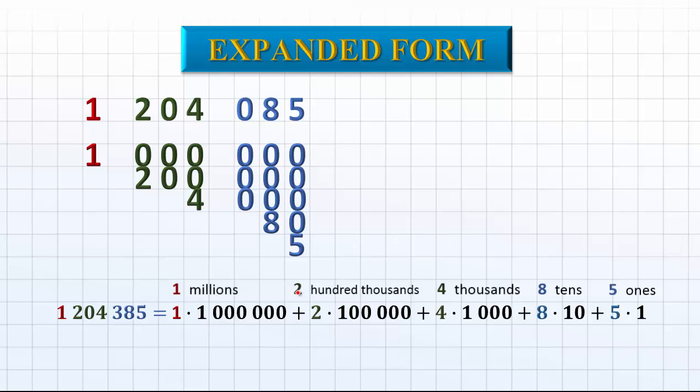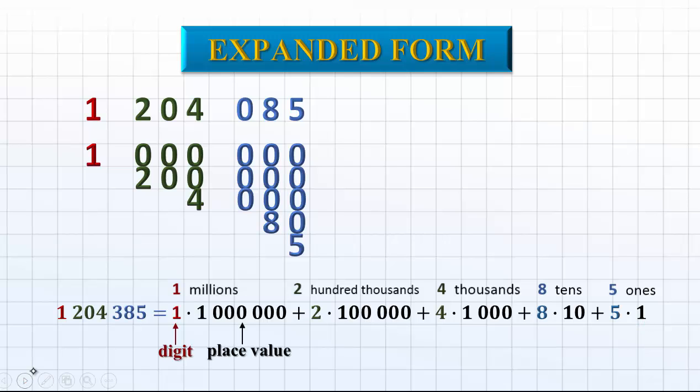And then we add 2 at the 100,000s place value, so we write 2 as a digit and the place value hidden under multiplication by 100,000. Next we add 4 as a digit, 4,000, so 4 times the place value, 1,000. Next plus 8 times the value of this place, which is 10, and finally plus 5 times the value of this place, which is just 1.